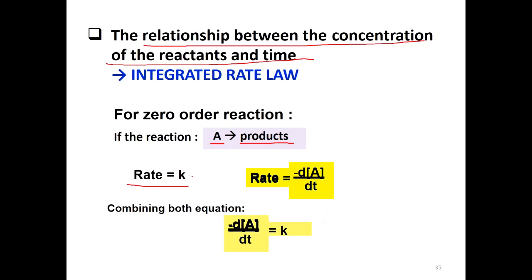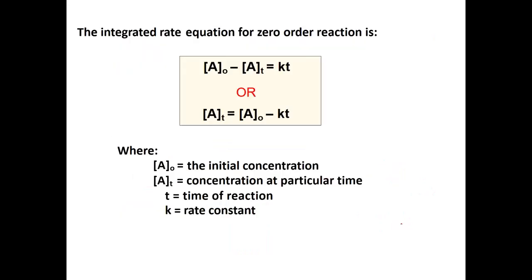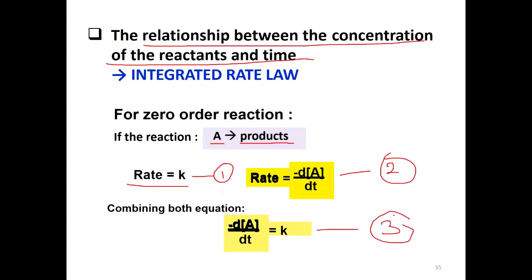This one is equation 1, this one is equation 2. We combine equation 1 and equation 2 to get a third equation. Then we have to integrate, basically integrate this one and also this one.